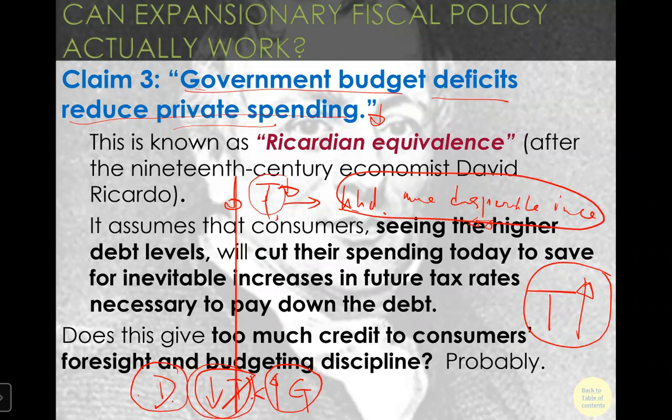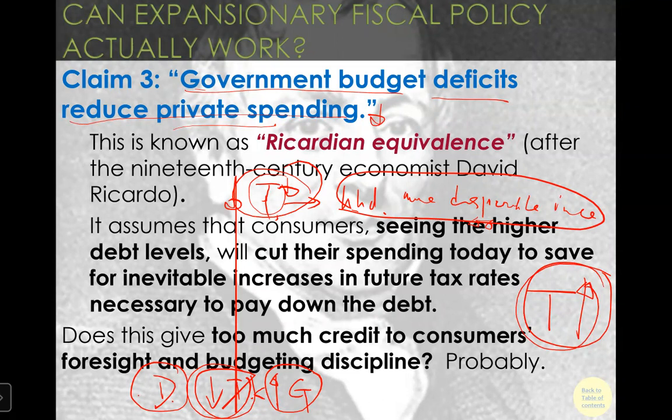You are college students, so you are above average, and I bet most of you never heard this idea before, right? That just means, in reality, a big chunk of the population did not realize there's a link between today's tax and the future tax, right? So this is number one.